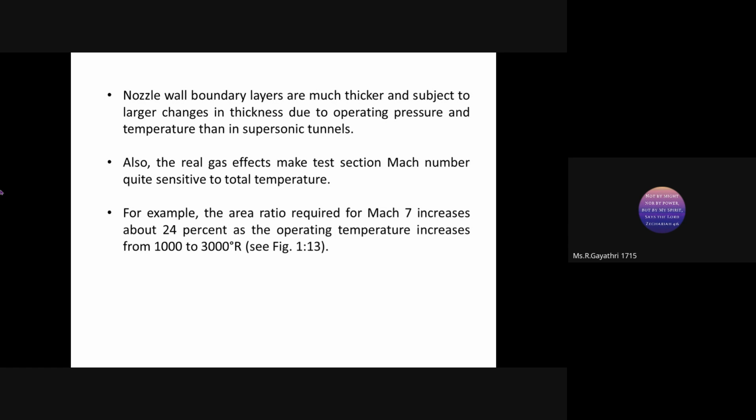Next, the area ratio required for Mach 7 increases about 24% as the operating temperature increases from 1000 degrees Rankine to 3000 degrees Rankine. The area ratio to attain Mach 7 increases about 24% as the operating temperature increases.